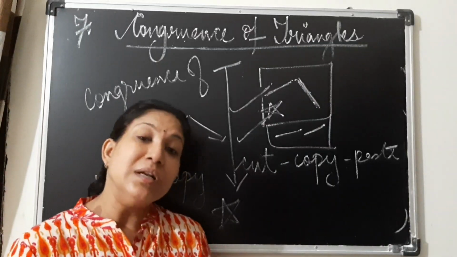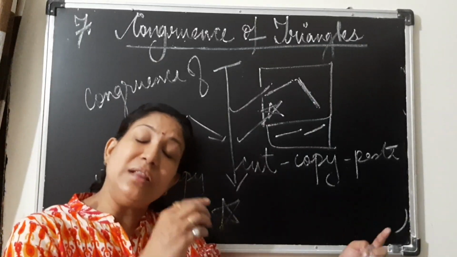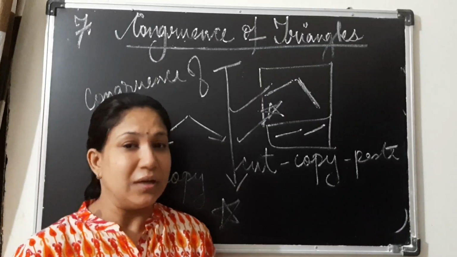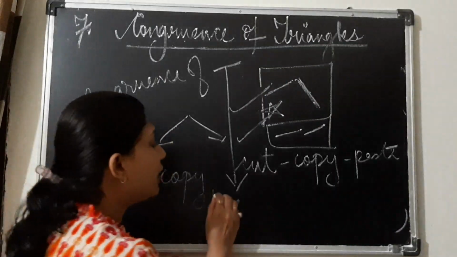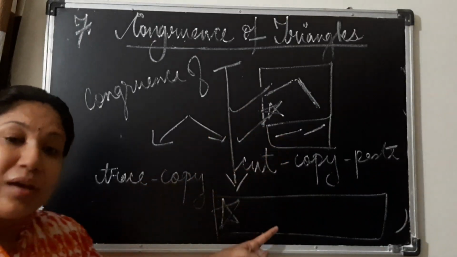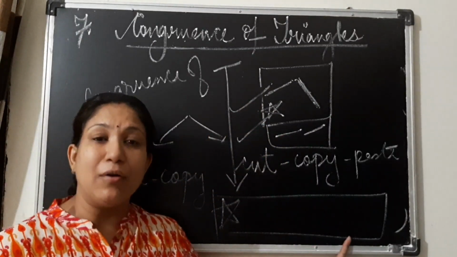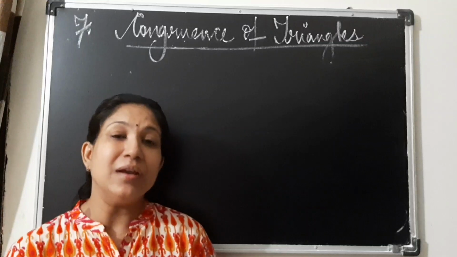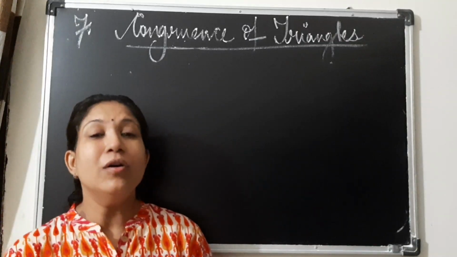That also means that if they are of the same length, they are congruent, and vice versa. Correct? So you will write down that the two line segments are congruent only if they are of the same length. Same way, we can also check it for angles.